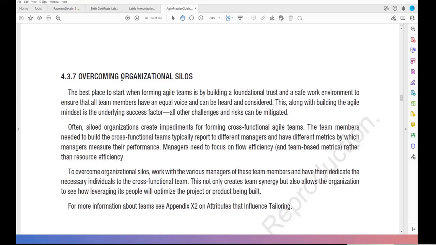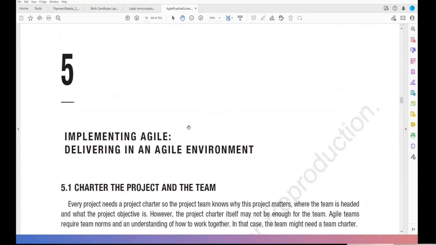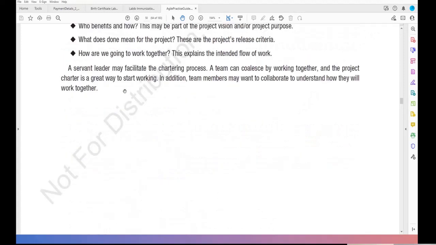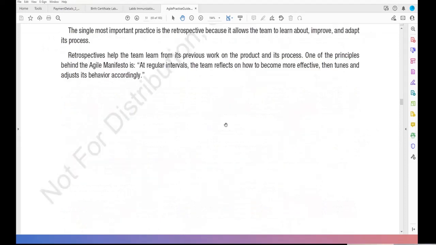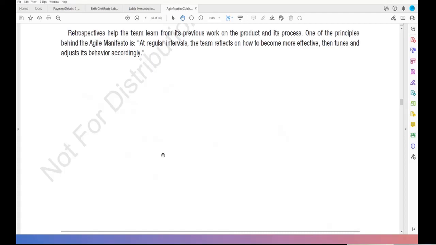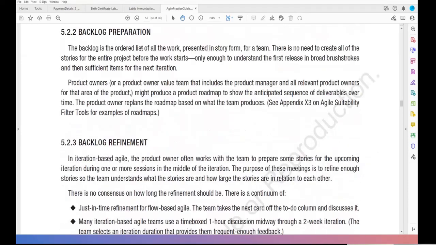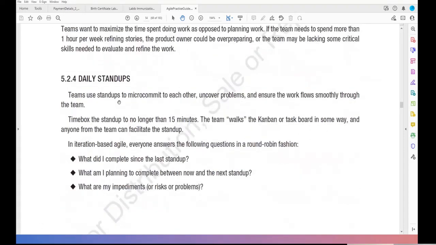Okay, for overcoming the organizational silo, as we mentioned, there will be cross-team members. Now the implementer. We already discussed different practices: retrospective, daily stand-up meeting, backlog refinement preparation, backlog refinement, then daily stand-up.